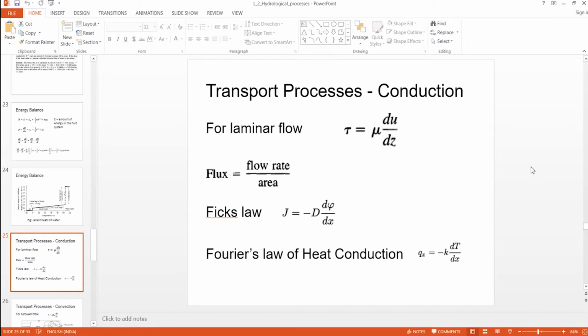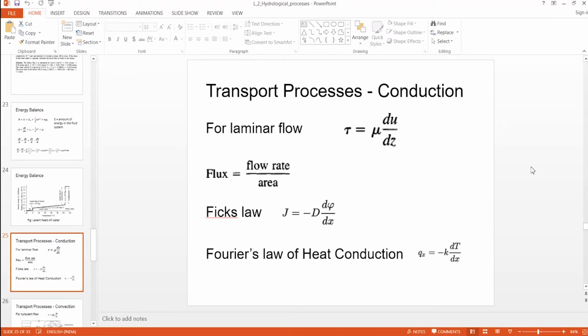Fourier held a steel rod, one end in his hand and the other end in the flame. Then he observed that heat transfer is taking place in the steel rod. He extensively did experiments on this phenomenon. Then he gave an equation, that is Fourier's law of heat conduction, Qx is equal to minus k dT by dx.